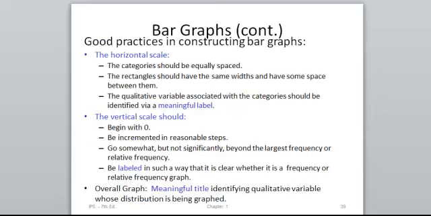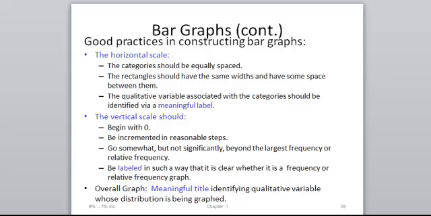And here are the best practices for making good bar graphs. First of all, your horizontal scale, the categories should be equally spaced. The rectangles should have the same widths and have some space between them. The qualitative variable associated with the category should be identified via a meaningful label.